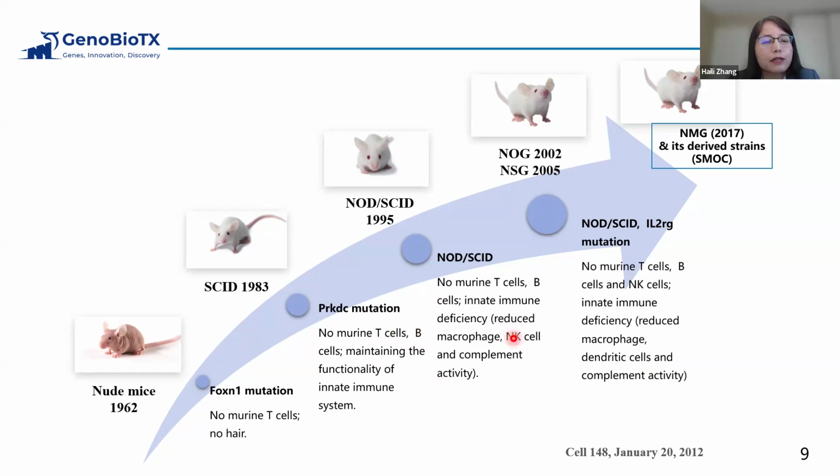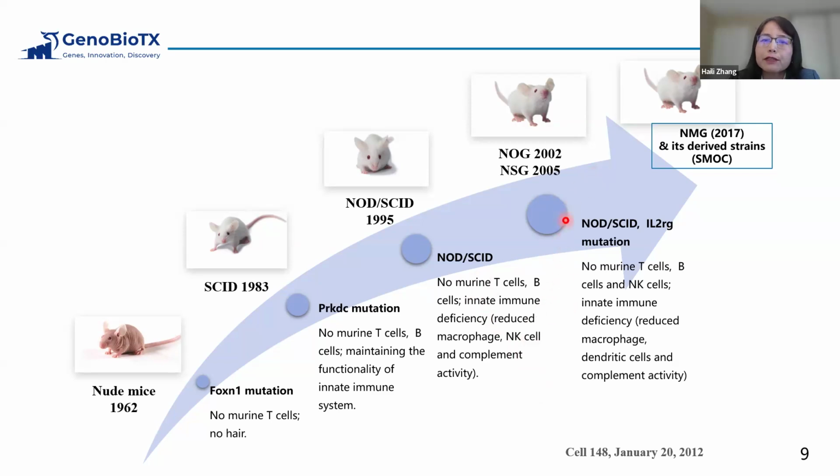The third generation is NOD SCID mice, discovered in 1995, which carry the SCID mutation on the NOD mouse background. These mice lack T cells and B cells, and showed reduced macrophage, NK cell, and complement activity.